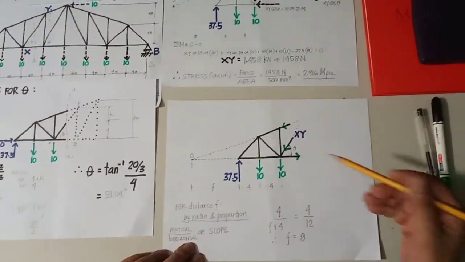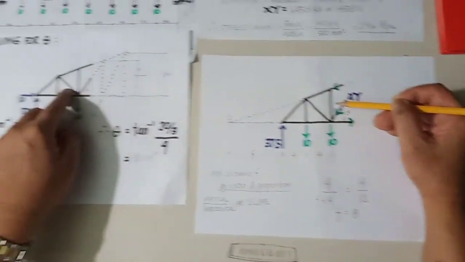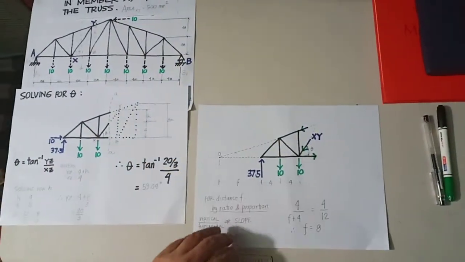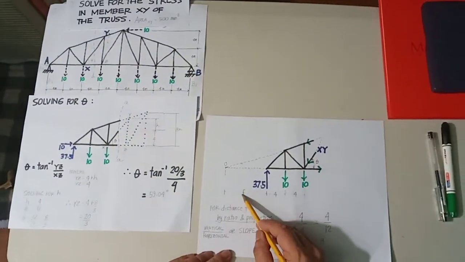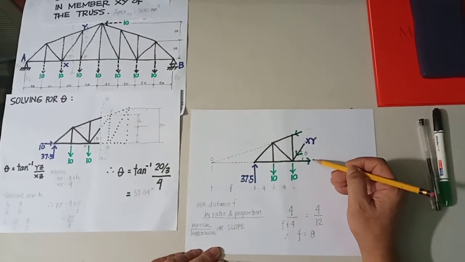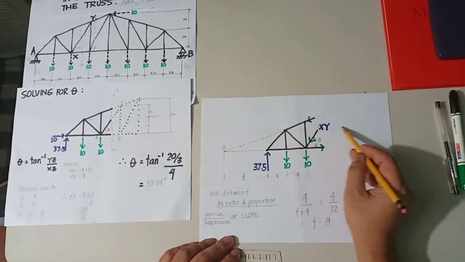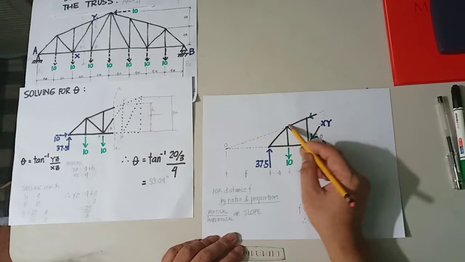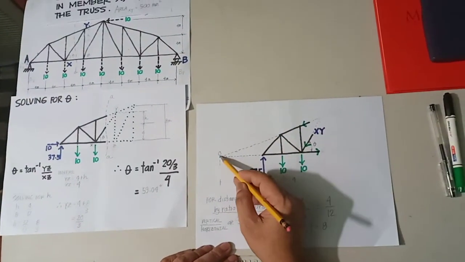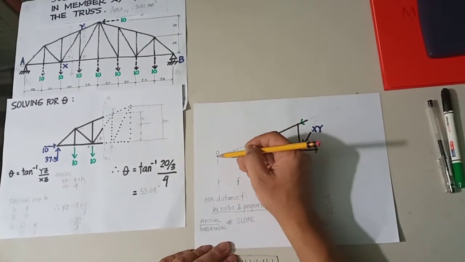So this section is similar to this section. Solving for f, we have this triangle similar to this triangle, because this line has a slope which goes this way all the way to this point, and this force also has this line which intersects at this point.